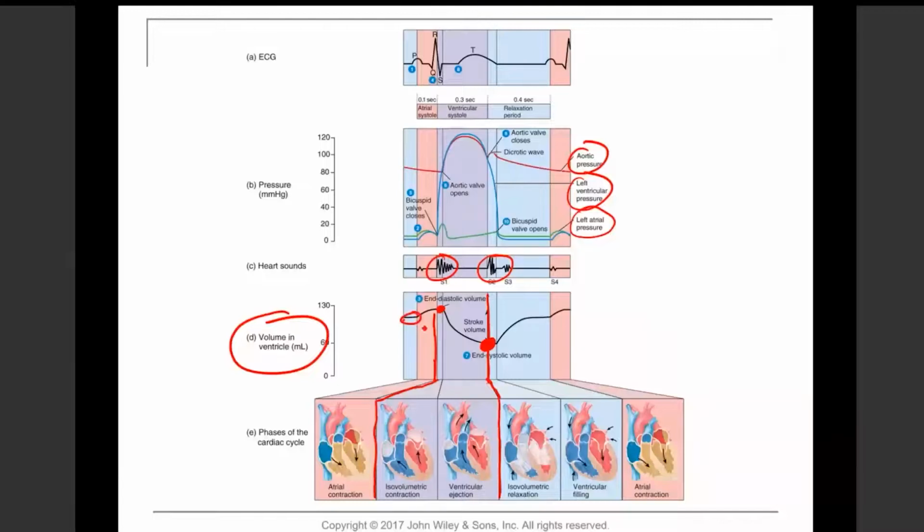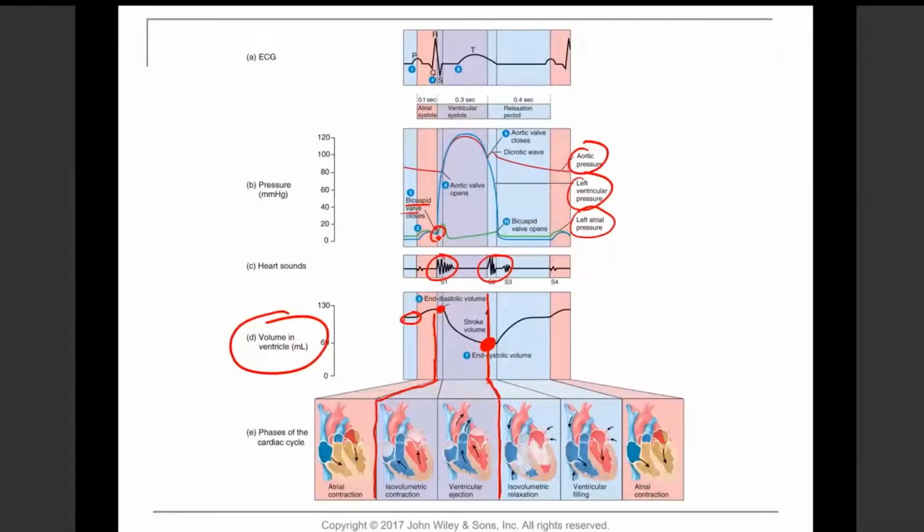As that blood starts to accumulate, you increase the volume in your ventricles. And this right here just indicates the remaining 20%, right? So once that remaining 20% is ejected out, the bicuspid valve will close. Also the tricuspid valve, the AV valves will essentially close, right? This is just dealing with the left side, but you can assume that both of those valves, tricuspid and bicuspid, close right there.